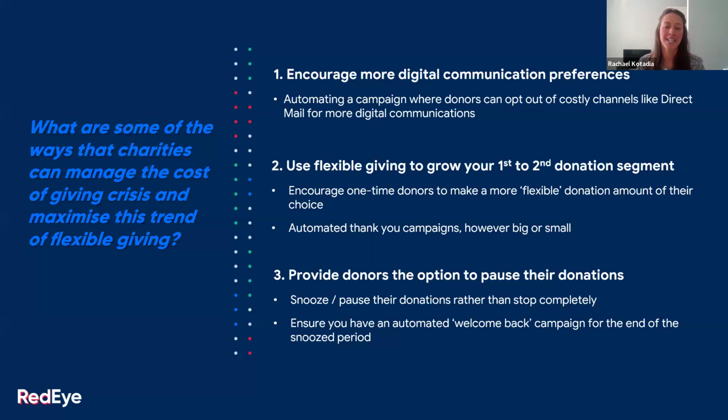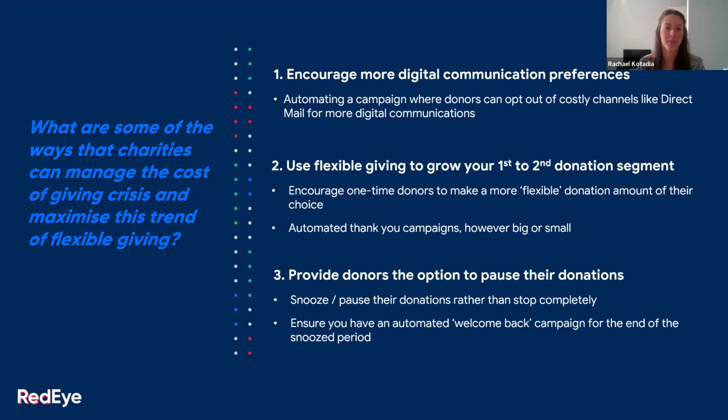So by using this sort of tactic, you are slowly moving them to become what we would call a multi-donor. And again, we know from other industries that once you have engaged or transacted twice, you're then 54% more likely to do it a third time. And so this concept can still apply here. So they'll be much more likely to donate a third time to you and so on.